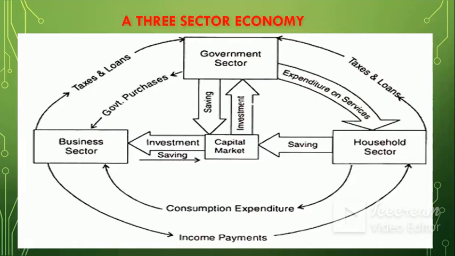These government expenditures are injection into the circular flow. Like the expenditure of the government to the household for social services and among others, it is an injection, the same. It is still an injection when the government sector spends to the business sector. And then now we take the household, the government, and the business sector together, all of this.